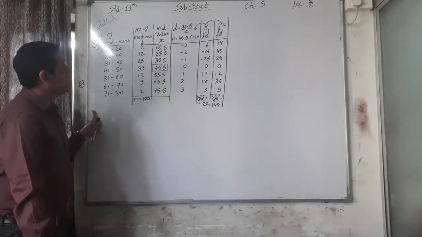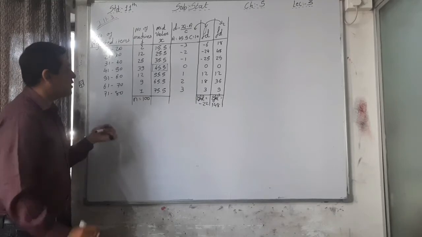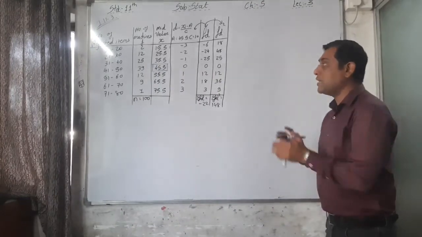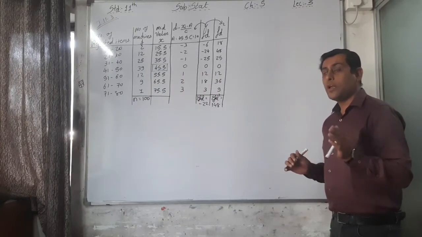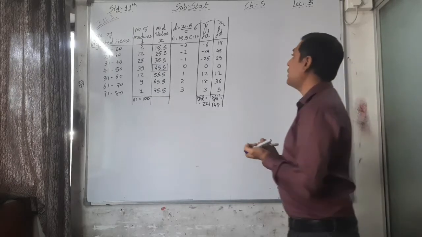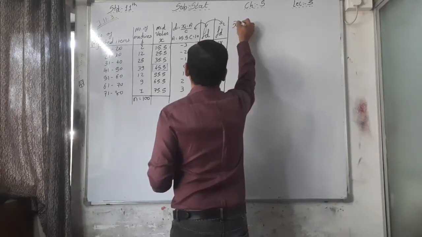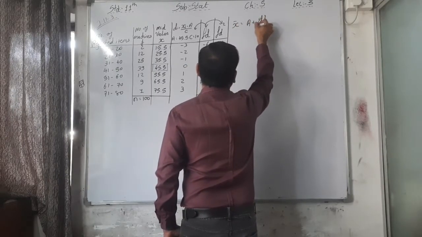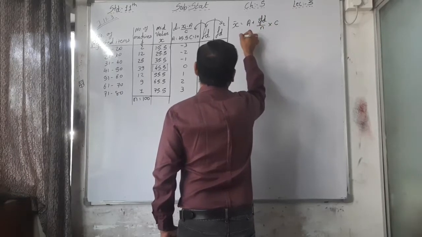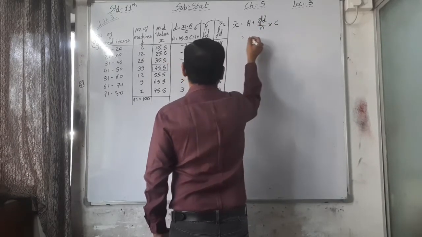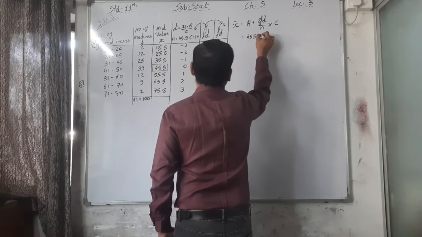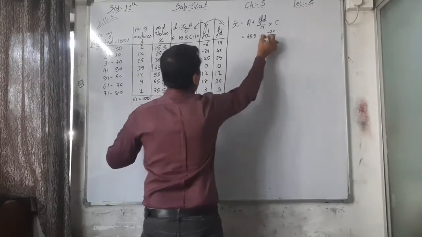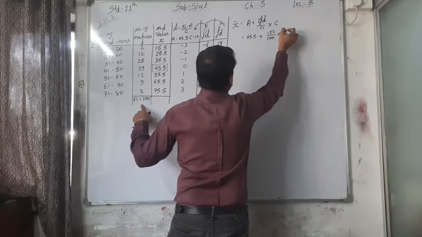See, this is an inclusive type of data and it's continuous grouped data, and on the basis of this we have to find out skewness as well as coefficient of skewness. For that, first of all you have to find out the mean. So here mean x bar is equal to what? A plus sigma FD upon n into C. X bar is equal to, A is equal to 45.5, sigma FD minus 22 upon n 100 into C, that is 10.